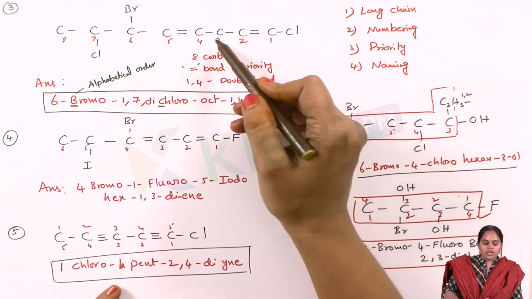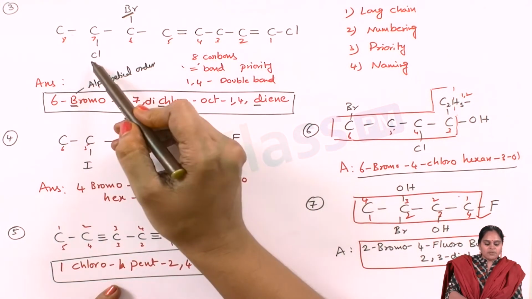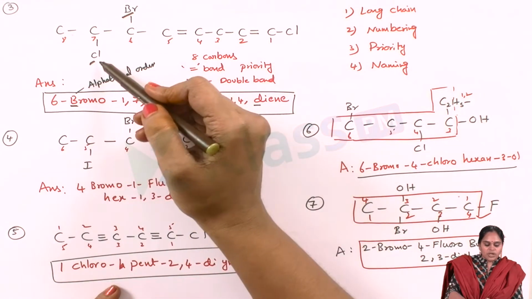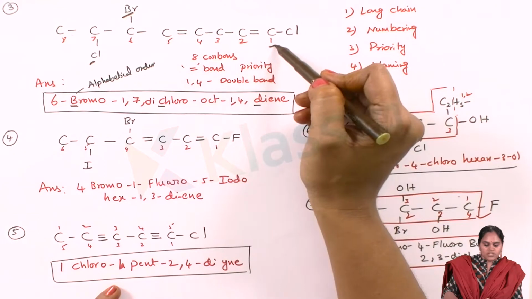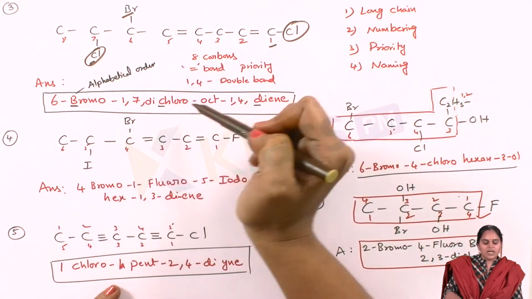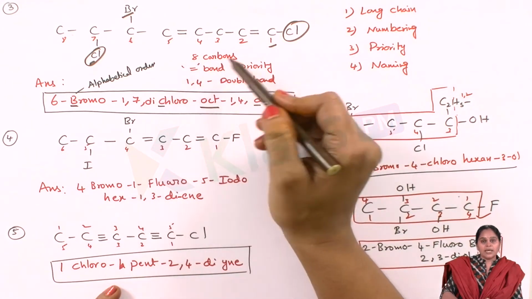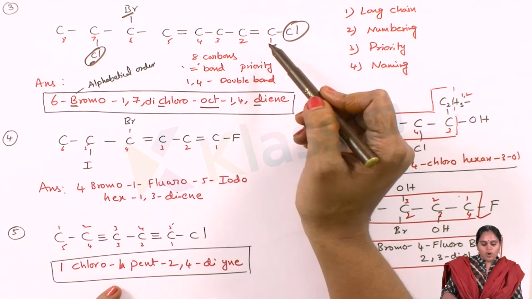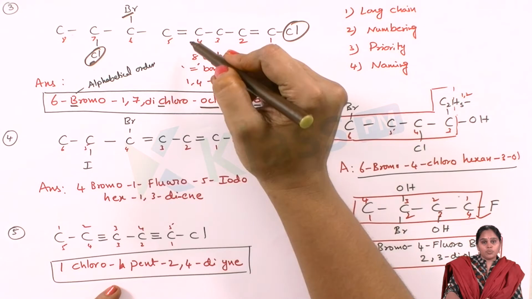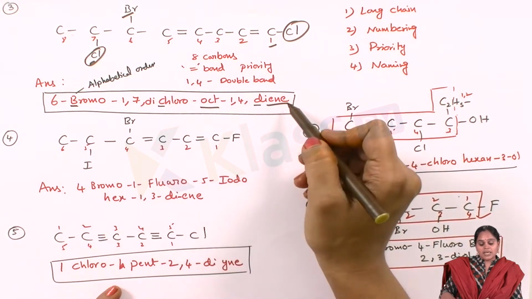From here 1, 2, 3, 4, 5, 6, because B comes alphabetically first, then C will come. So we have to give 6-bromo. And where is chlorine present? In the first place and 7th place, 2 chlorines are present. So 1,7-dichloro, and oct because it has 8 carbons. Then 1,4-diene: the first position and 4th position have a double bond, which we mention with diene.